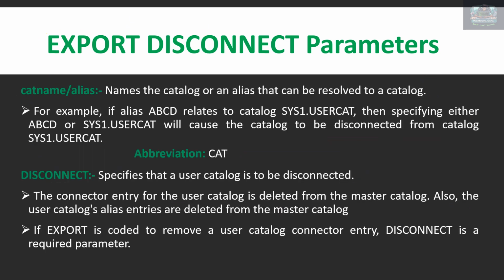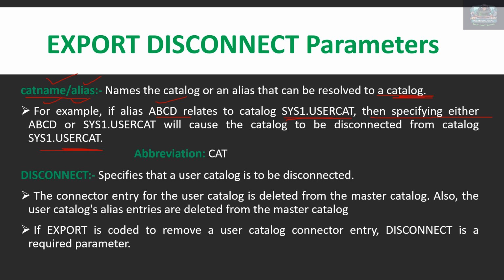Inside the catalog name, as I told you, you can specify a catalog name or an alias name also. If you are specifying the catalog name or the alias name, both will be resolved to be a catalog. Example, suppose abcd is an alias which relates to this particular user catalog, then specifying either abcd or this user catalog can be disconnected from this user catalog.